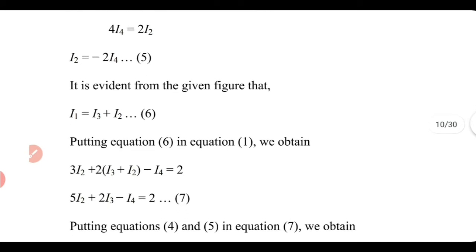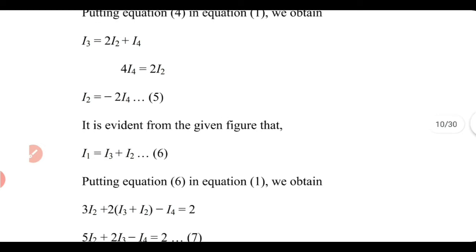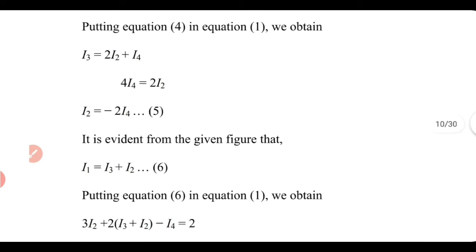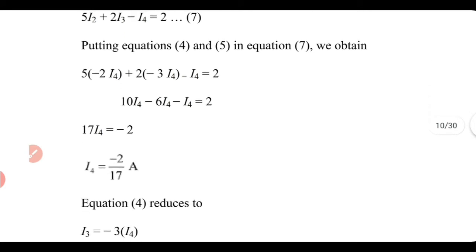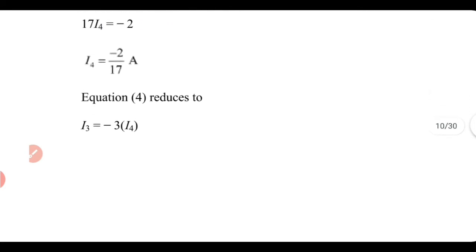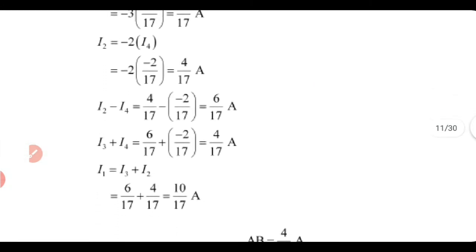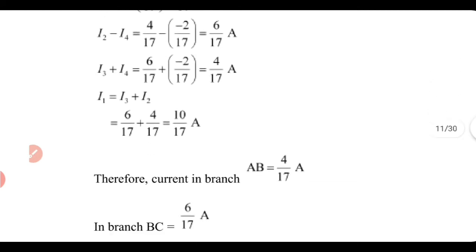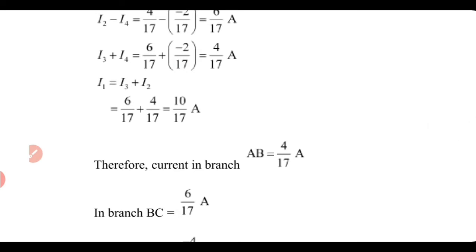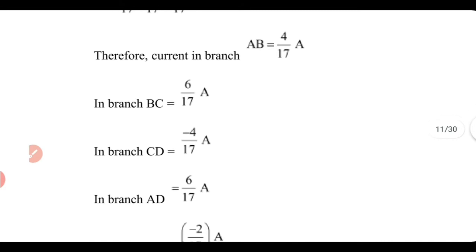After solving, we will get all the currents: I4 is minus 2 by 17, I2 equal to 4 by 17 and I1 is equal to 10 by 17. Like that we can calculate the current in each branch.